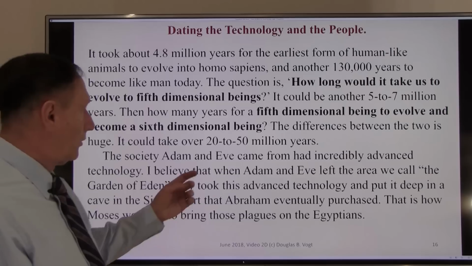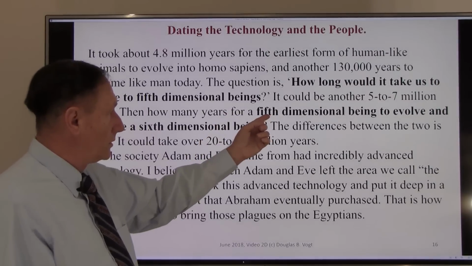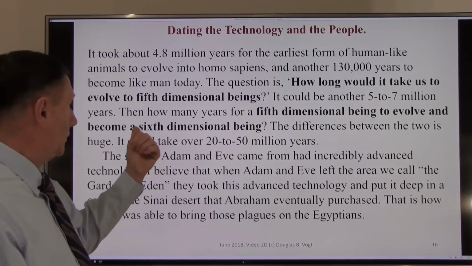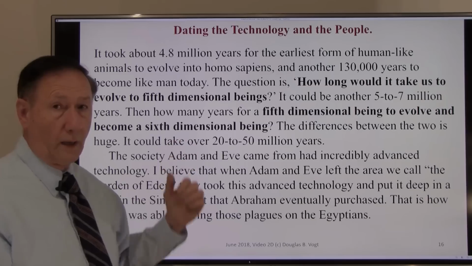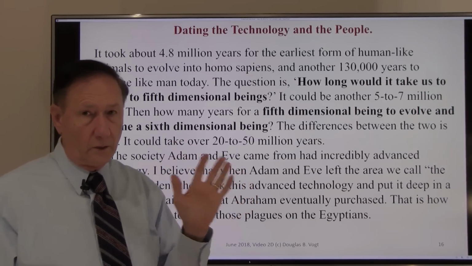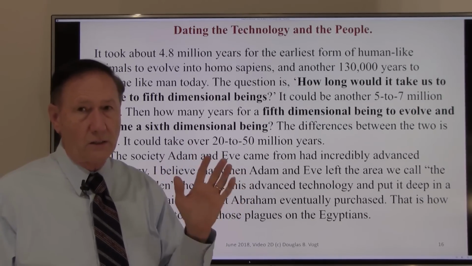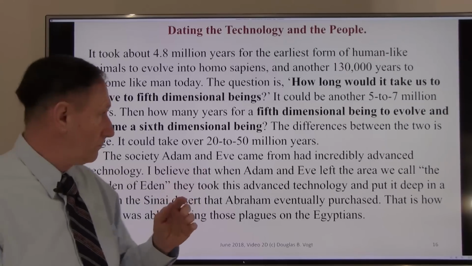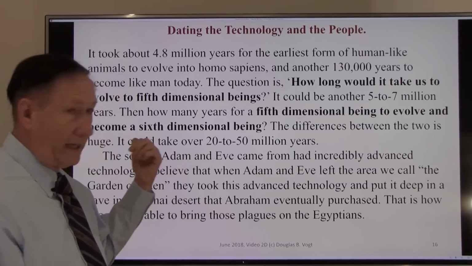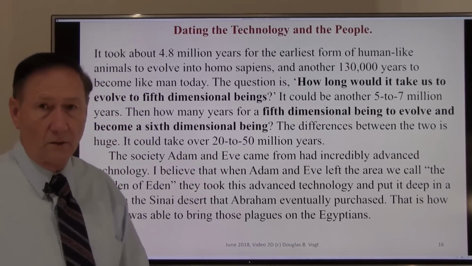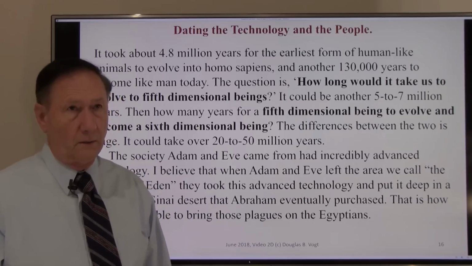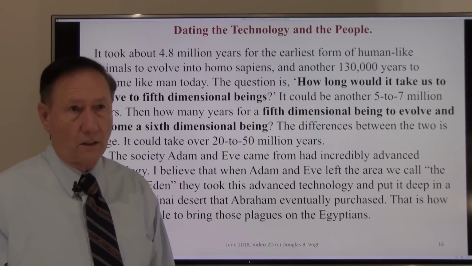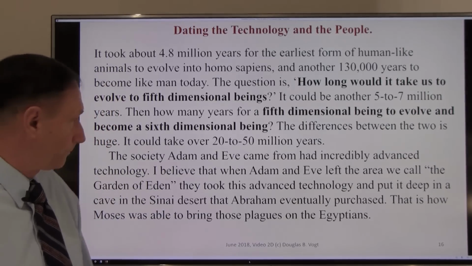Then how about to go from a fifth-dimensional being to a sixth-dimensional being where you have no body? You're just an existence in the Die Hold. 20 million, 10 million, 50 million years? I don't know. It could be a very long time. We just don't know.